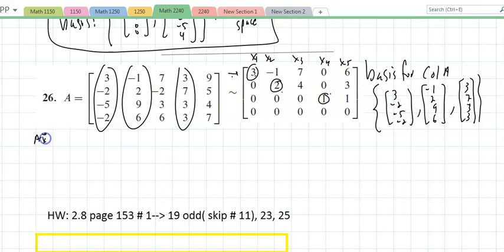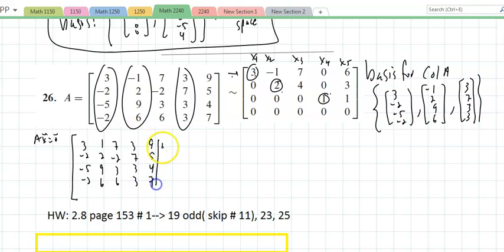We want AX equals 0. So we're basically going to take this 3, negative 2, negative 5, negative 2, 1, 2, 9, and 6, 7, negative 2, 3, and 6, 3, 7, 3, and 3, 9, 5, 4 and 7, 0, 0, 0, 0. Now I do have a trick for you. You could start automatically with this.